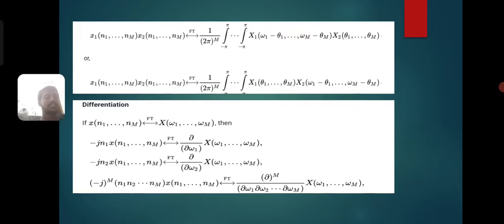Next, differentiation: what are the Fourier formulas of differentiation.